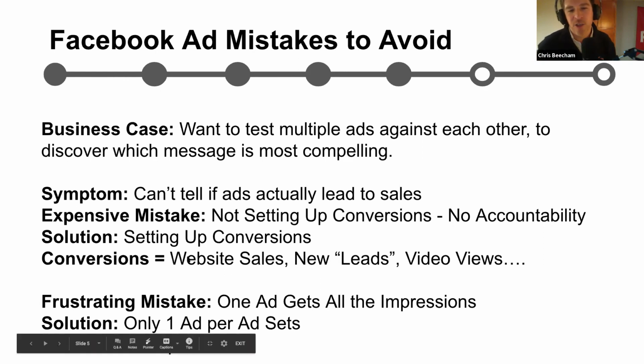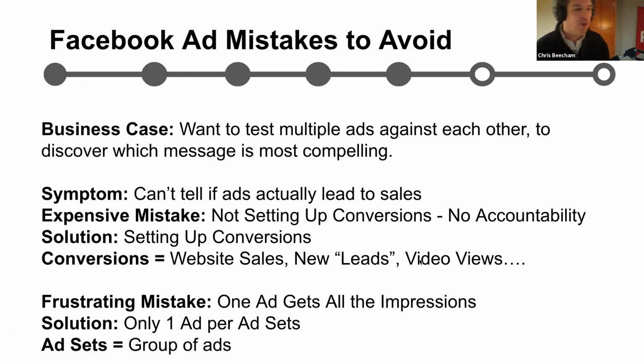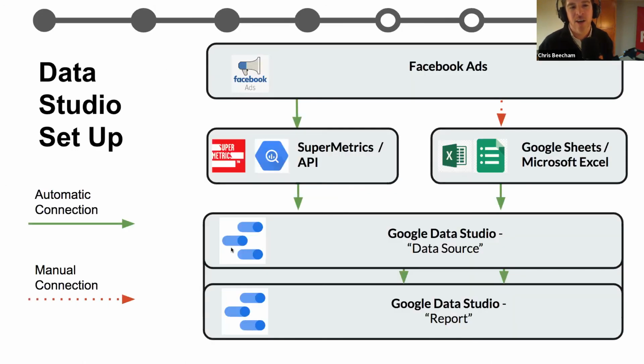Conversions are usually sales or what I call new leads, but it really could be anything such as video views or downloads. Whatever the goal of your business is, you want to make sure Facebook can see exactly where these conversions are. And in the slide before, I was talking about getting things talking to each other.